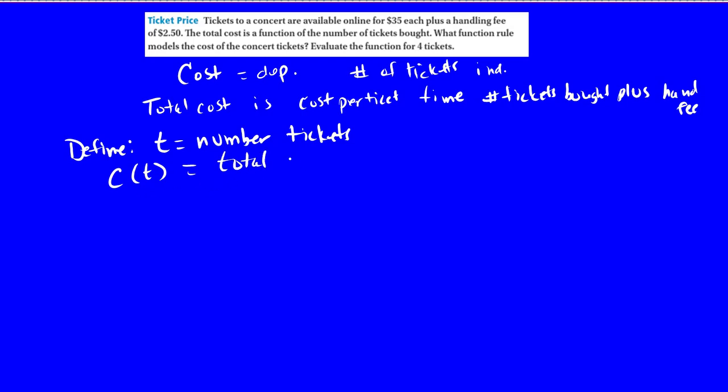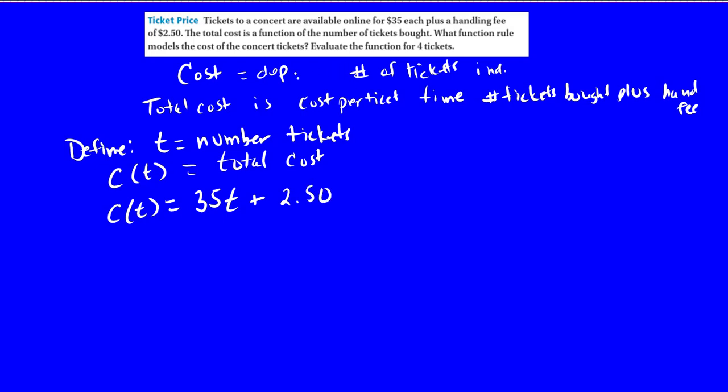Notice that C of T is in function notation, right? So now let's write this out. We've got C of T equal, we said $35 each, right? 35 T, which is $35 for each ticket, plus our handling fee, which is $2.50.